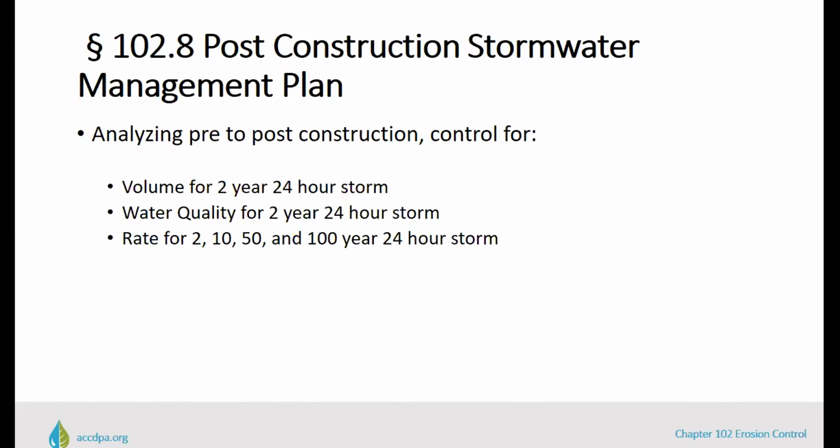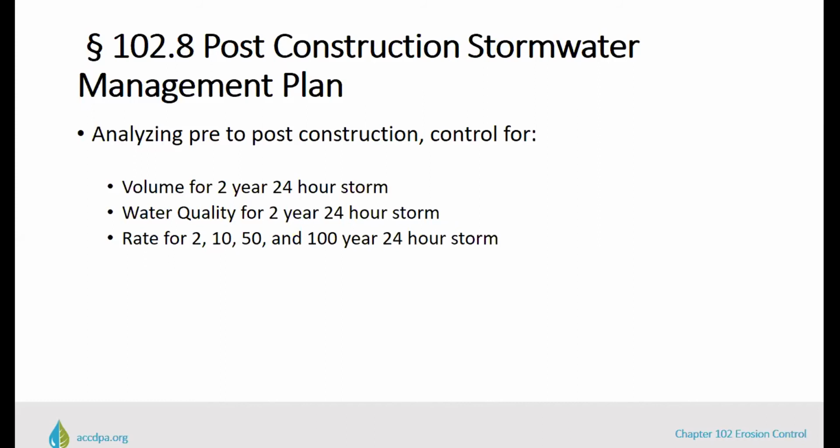A 2-year or 10-year or 50 or 100-year 24-hour storm is the maximum 24-hour precipitation for a storm that would occur on average every 2 years, 10 years, 50 years, etc. These values can be looked up at the National Oceanic and Atmospheric Administration's Atlas 14.